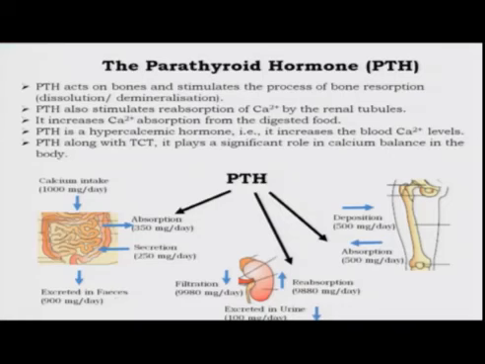Now, how does the parathyroid hormone actually do this? If you look at our body, there are multiple places at which calcium is being modulated. If you look at the gut, in the diet we take in on average 1000 milligrams of calcium in a day.